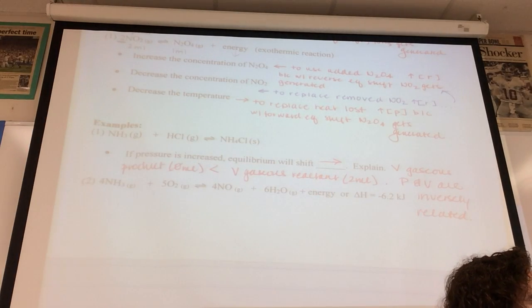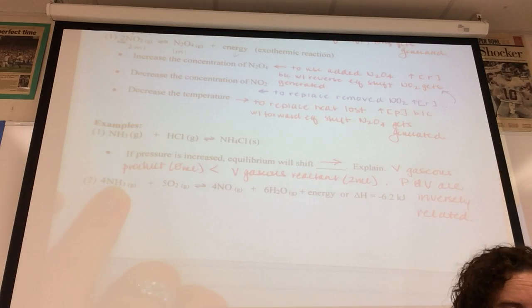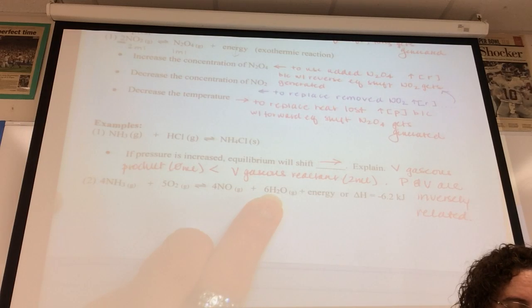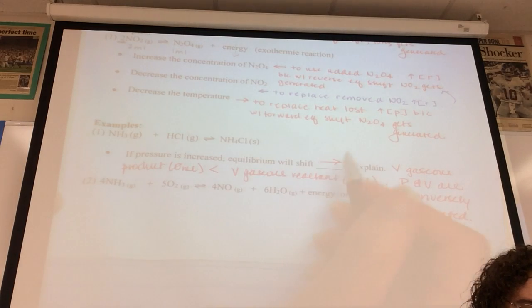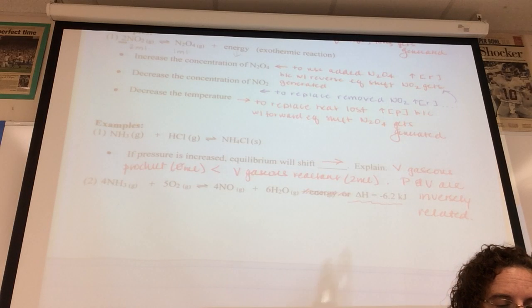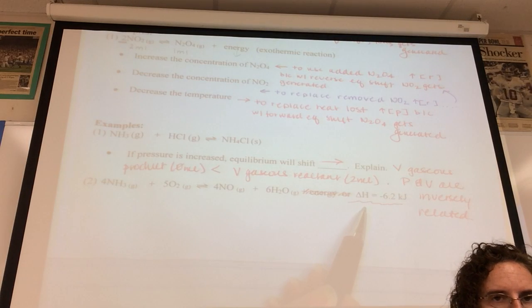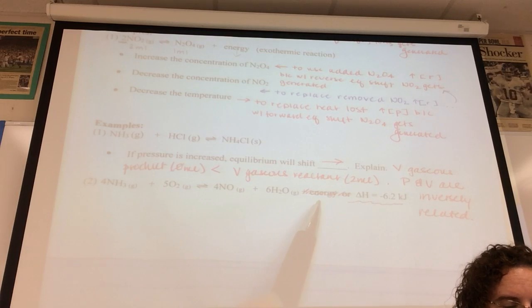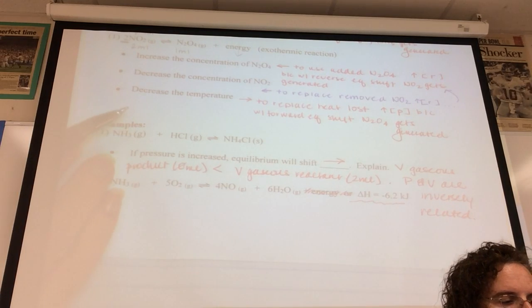All right. So in the next example, we've got ammonia and oxygen gas generating nitrogen monoxide and water. And I don't think I really wanted to show you that energy term. I think I would have preferred to have said this, and you would know that this is exo or endothermic. Exo, because delta H is negative. So then you'd put the energy term on the right side of the equation.